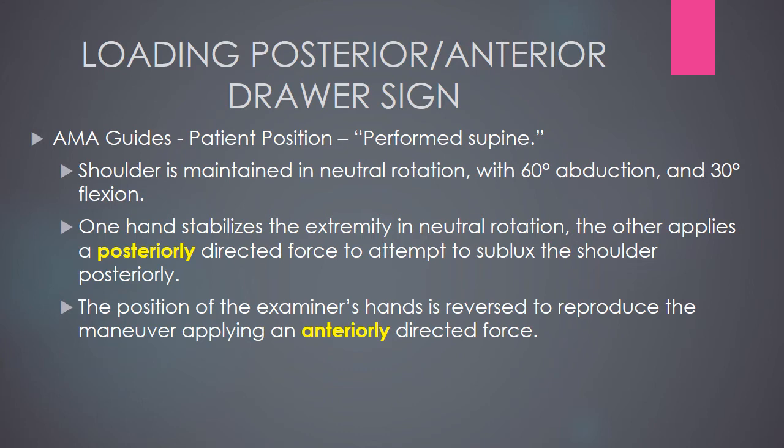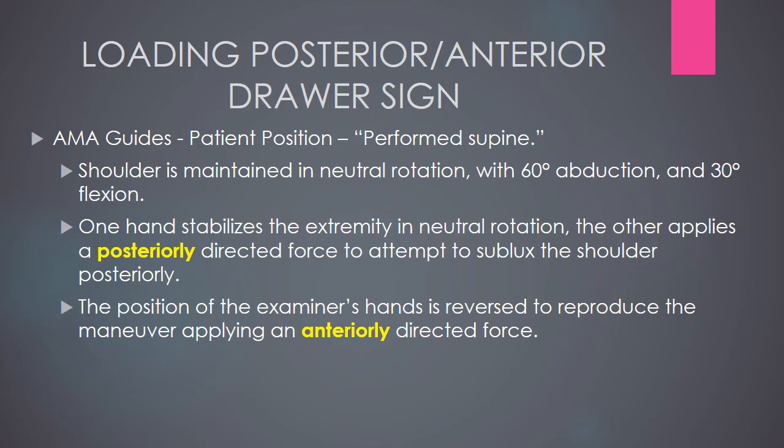Now, we're going to see that different texts describe this maneuver differently. The AMA Guides describe this maneuver as being performed with the examinee supine, but this maneuver can also be performed with the examinee either standing or seated.